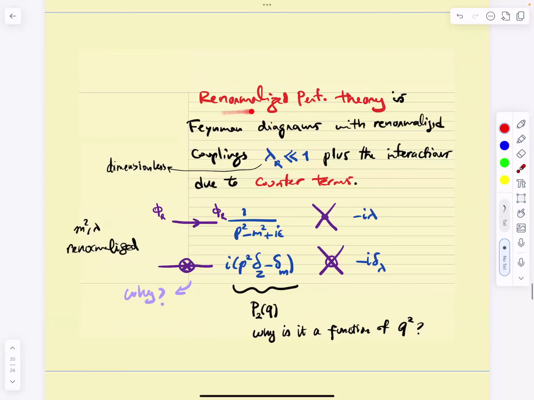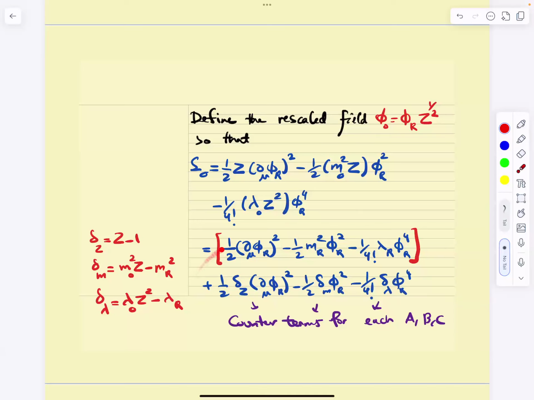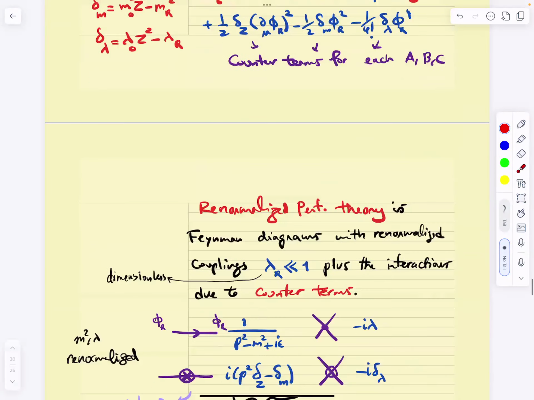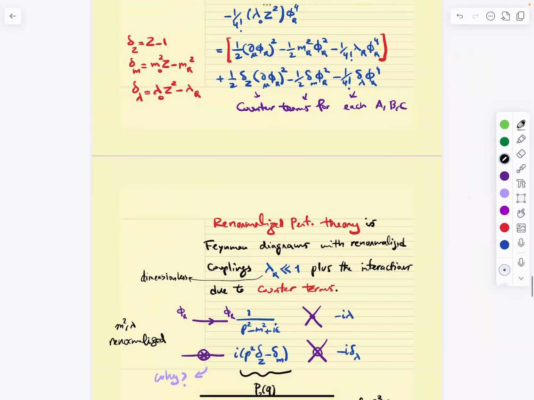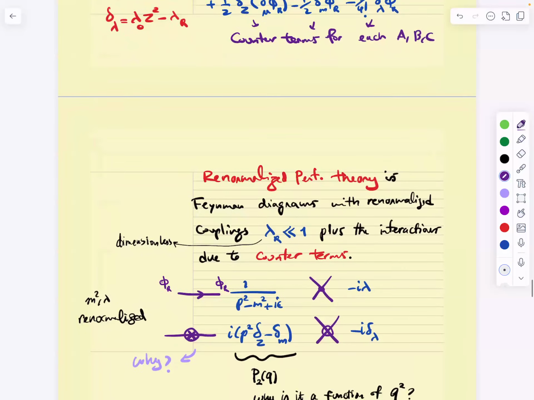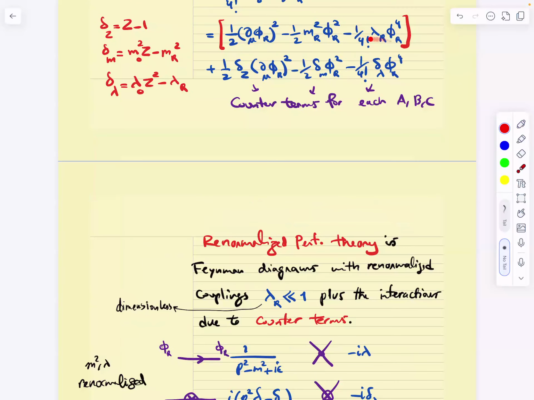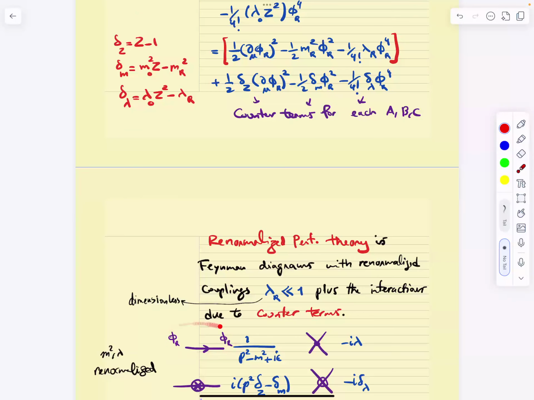So renormalized perturbation theory is taking this Lagrangian, writing it in terms of the renormalized variables, and then doing perturbation theory. Now there are new terms. The first two will give you this diagram for propagation of phi_r.